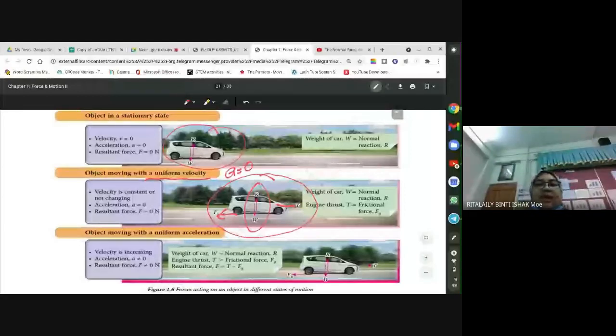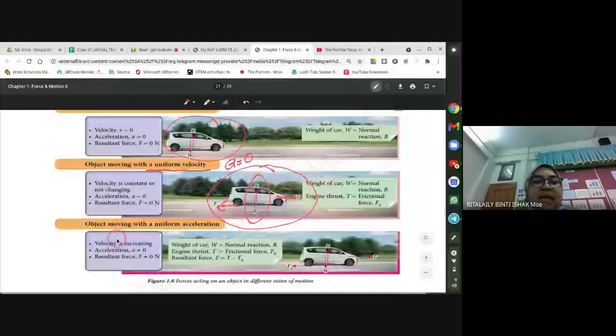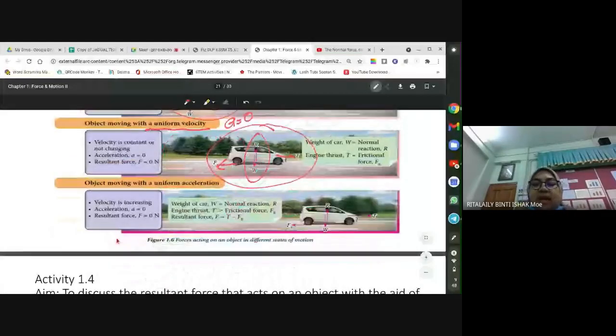And then we have the last diagram, which is a car, but the car is now moving in uniform acceleration. And remember, Newton's second law says that when we have a force or resultant force exerted onto an object, the object that has a mass will accelerate. From there, he produced a formula, which is F equals ma.